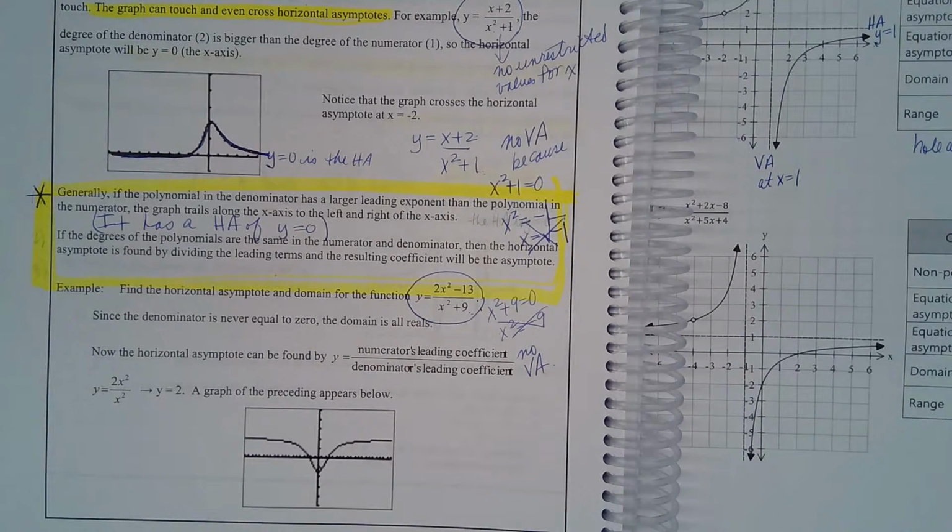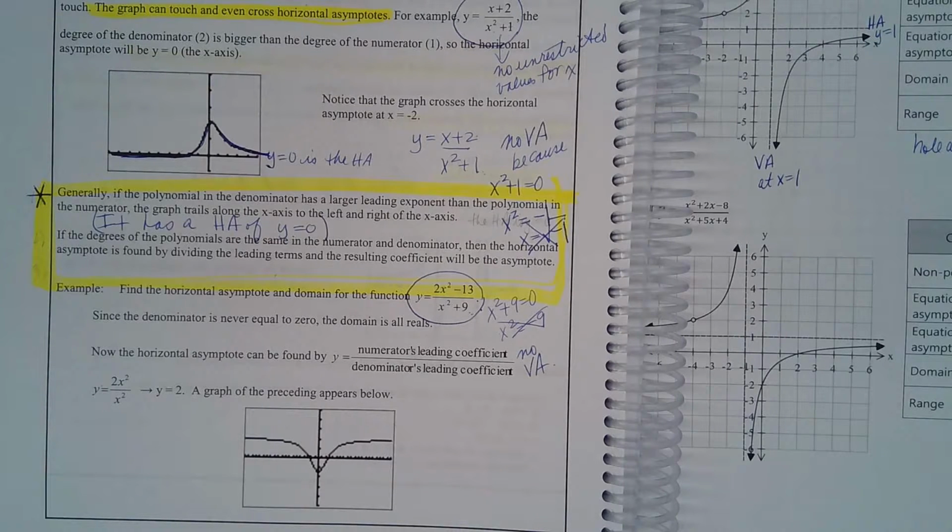That's what you just said, right, Eduardo? So for example, let's say I have y equals 4x squared, dot, dot, dot, because I don't care what comes after that. We're just focusing on the highest powers. Over 2x squared, you know what the horizontal asymptote is? 4 divided by 2, or 2.